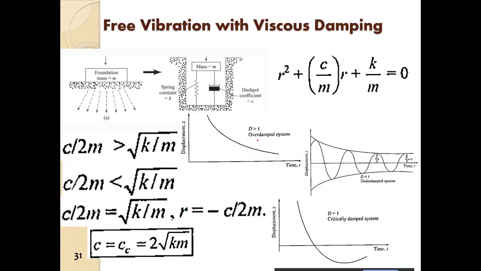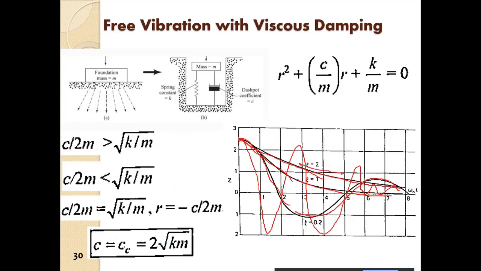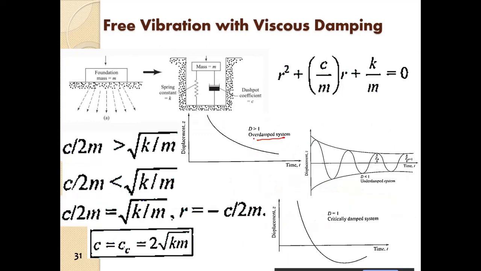So we have an overdamped system, and here these are the overdamped systems. So this is critical damping. Within this, it is stopped. In the overdamped system, the force transmitted to the foundation is significantly high.